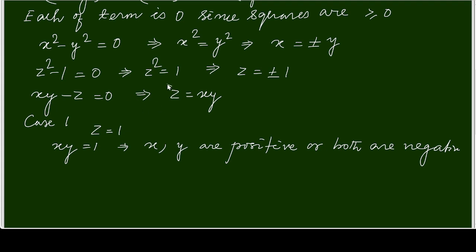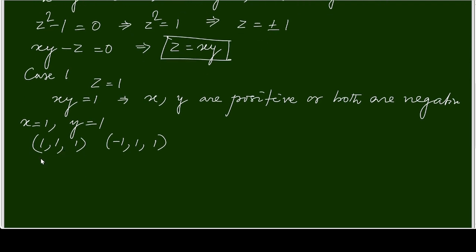So the product of x and y is equal to 1. That means x is equal to 1, y is equal to 1. So the first solution I am getting is 1, 1, 1, and it may happen both are negative 1. So minus 1, minus 1 and 1.